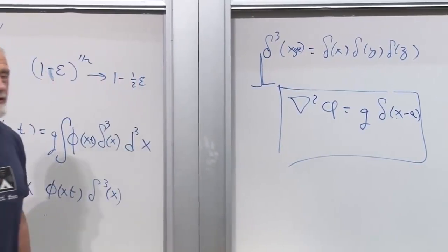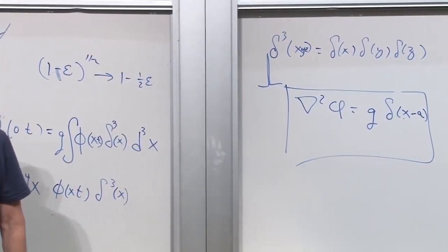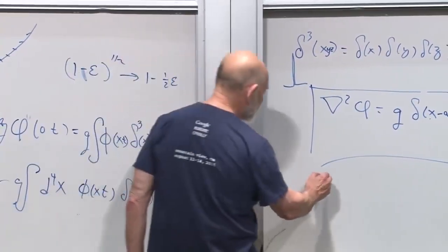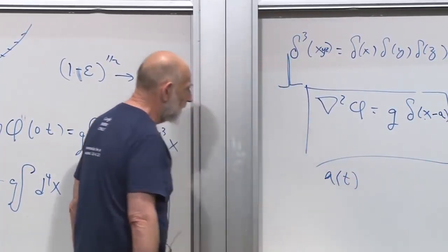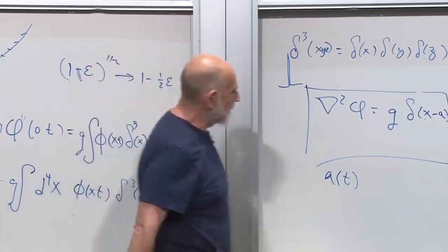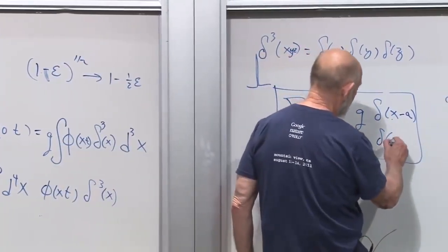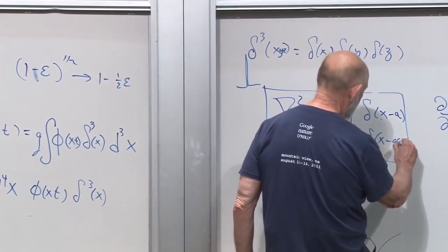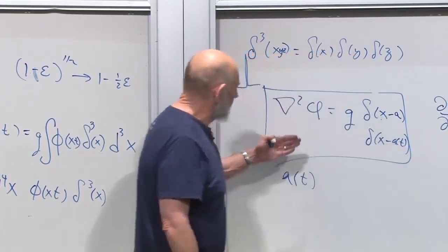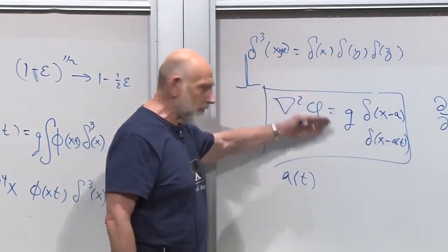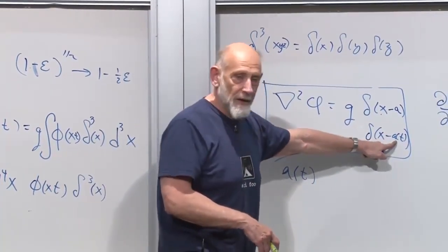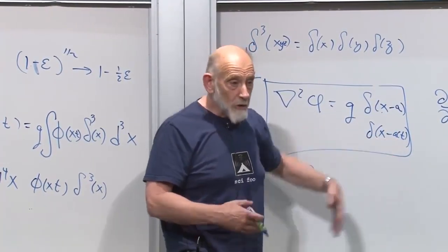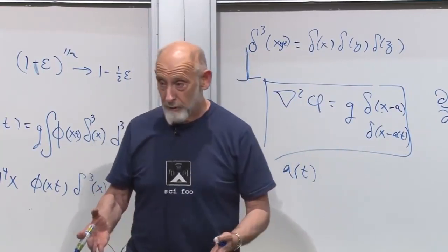Now supposing the particle were moving, that its position were a of t. All you would do is write delta of x minus a of t here. And what this would tell you is that there's a source of the field, but the source of the field is moving, and at any given time, it's at position a of t. So you see, we can accommodate a moving particle.